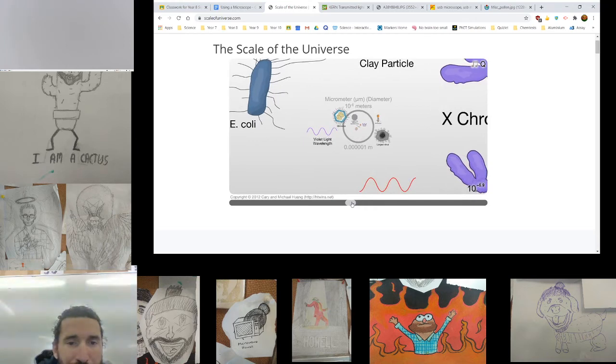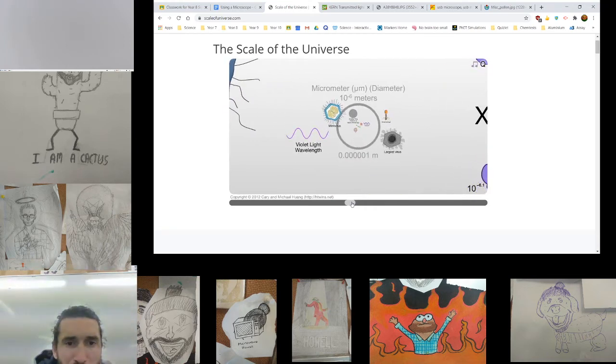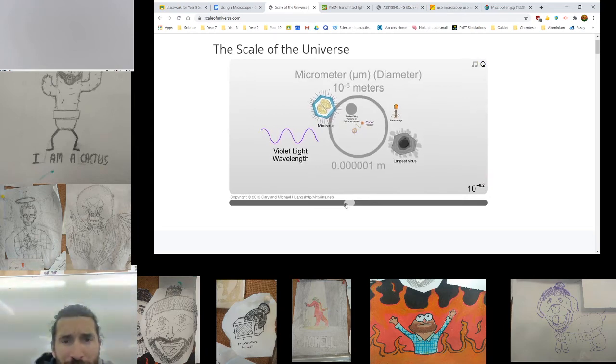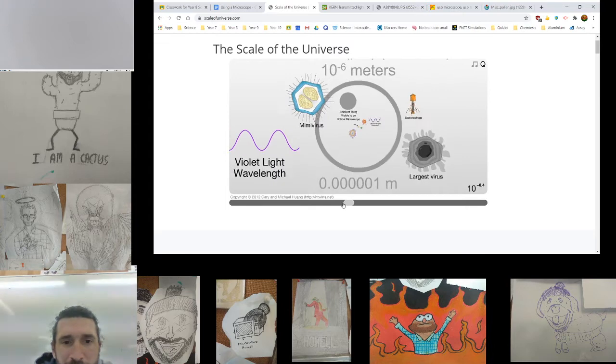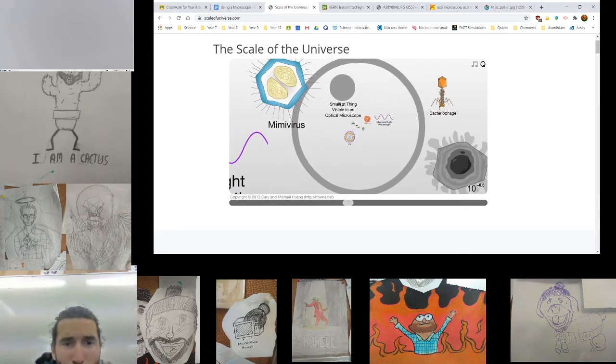All right. Here we're at 1 micrometer, or 0.000001 meters. This is the size of some viruses, and this we can still see using our microscope. And then down here, smallest thing visible to an optical microscope.